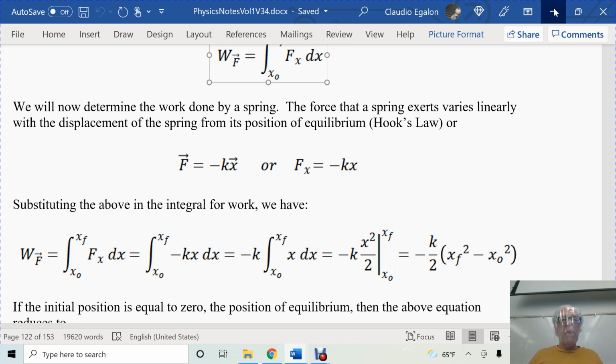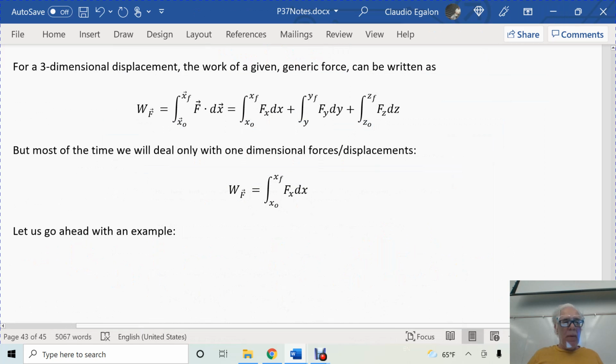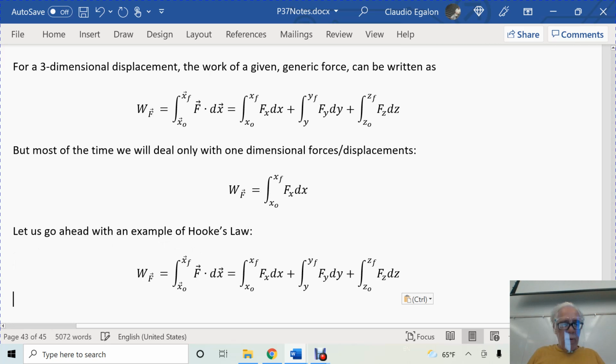Hooke's law, the example of Hooke's law. Hooke's law, how does it look? Hooke's law looks like the following.